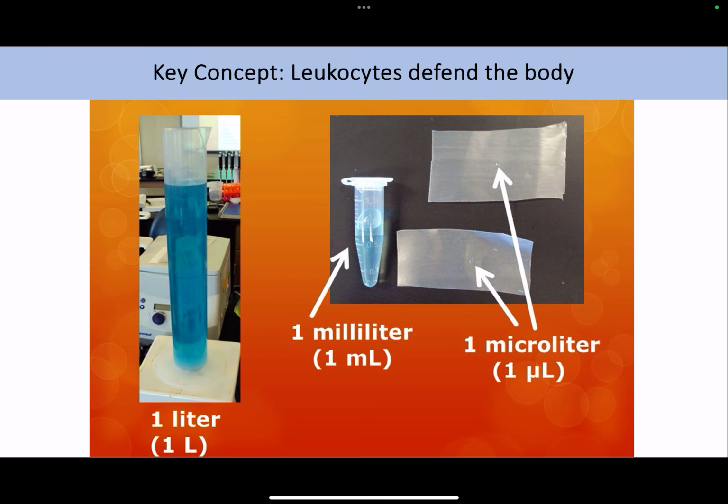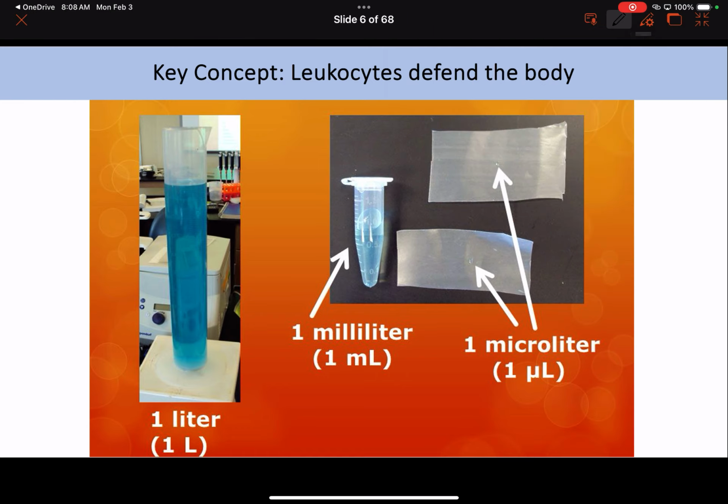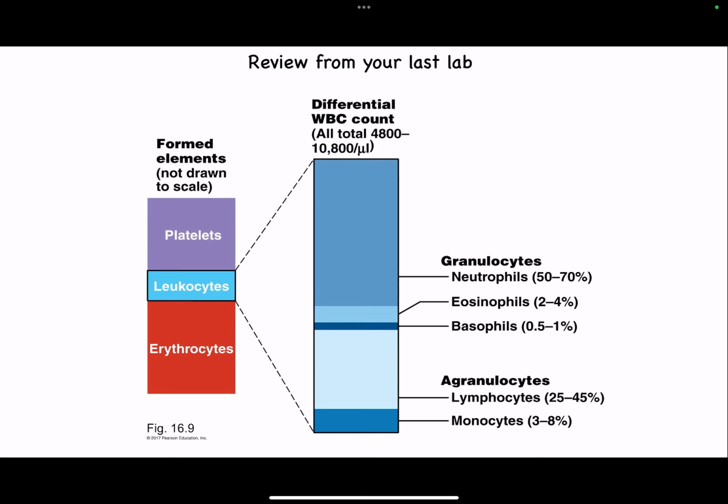So all the way to the left is a liter cylinder. Then this little tiny test tube there is 1 milliliter. And then this tiniest drop, that is a microliter. And so we have 5 to 6 million red blood cells, along with white blood cells, along with platelets in that little microliter of blood, which is pretty amazing.